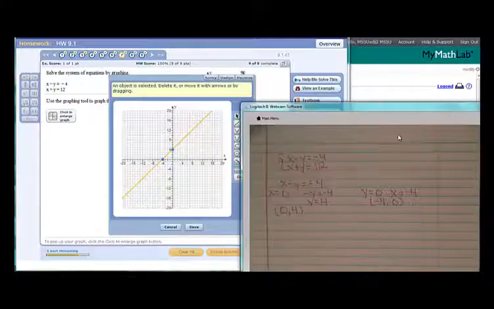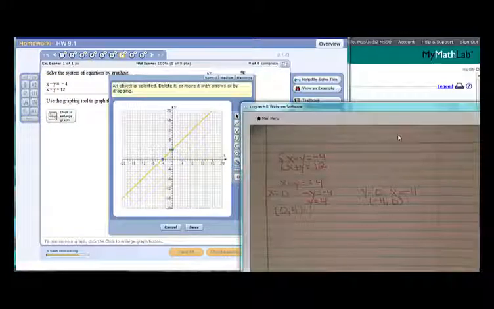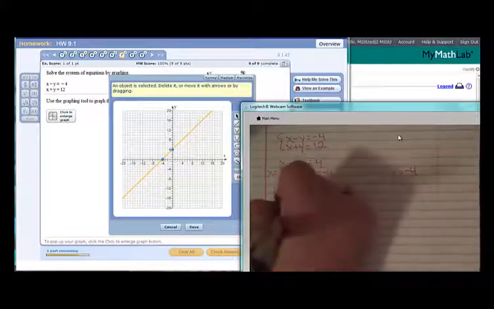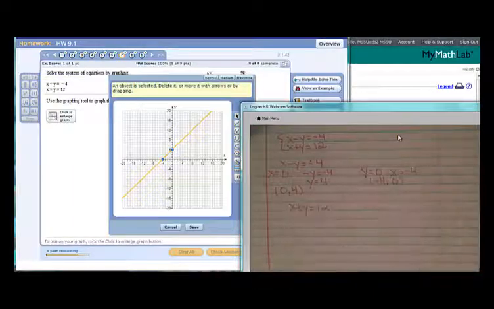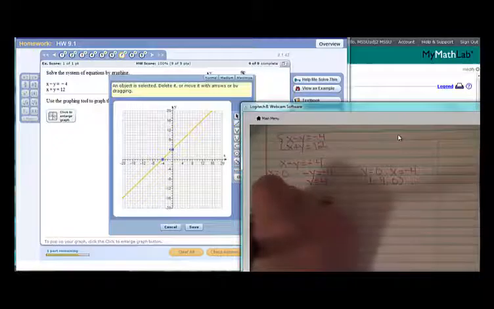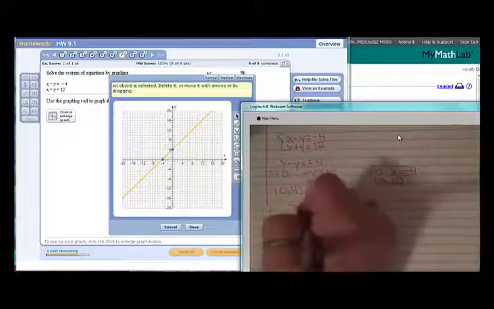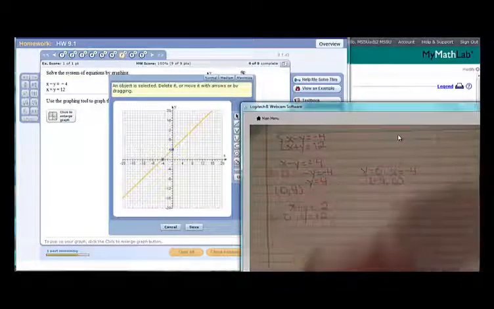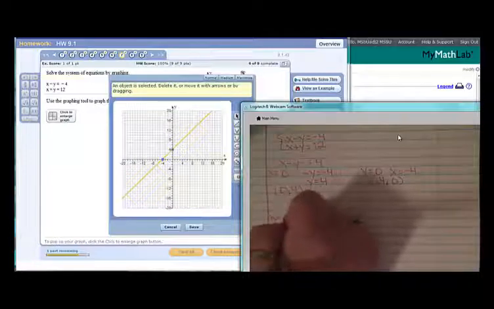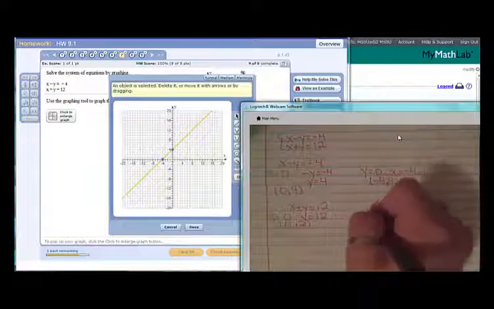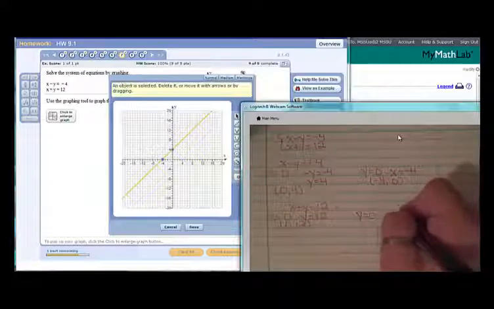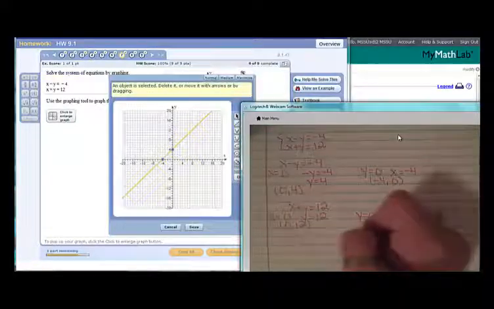Let's figure out what my second line is going to be. My second line was x plus y equals 12. So if I let x equal 0, that's going to give me y equals 12. So that's (0, 12). If I let y equal 0, then that's going to leave me with x equals 12. Well, those were nice.